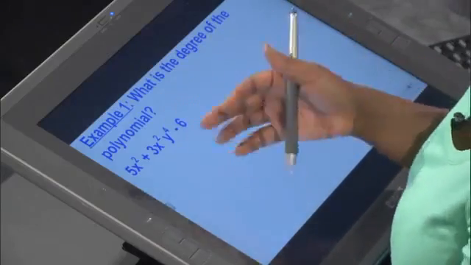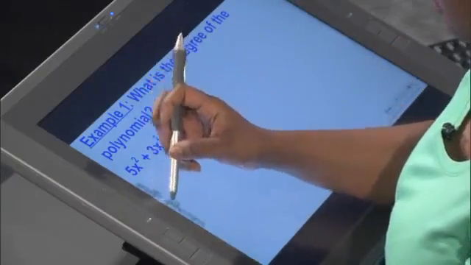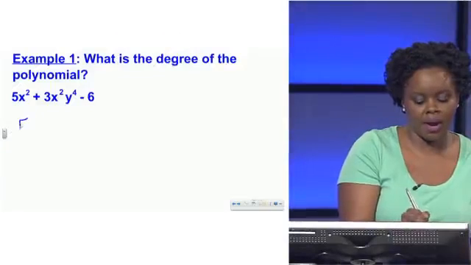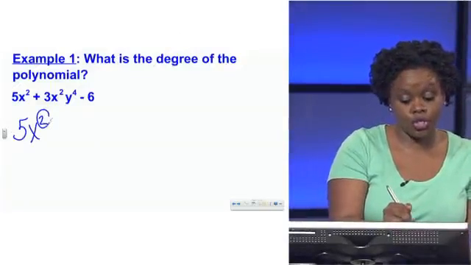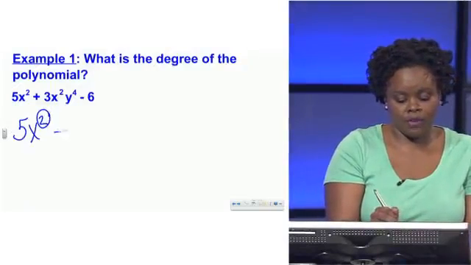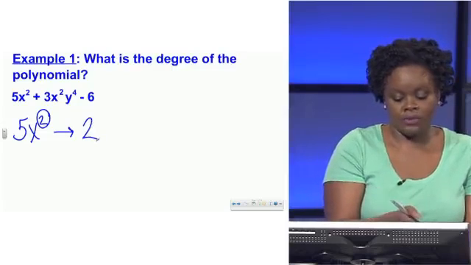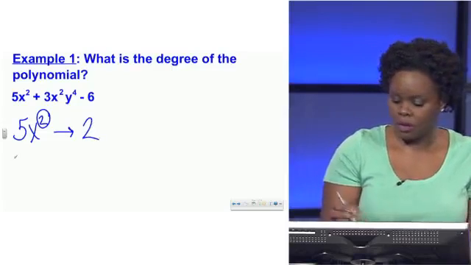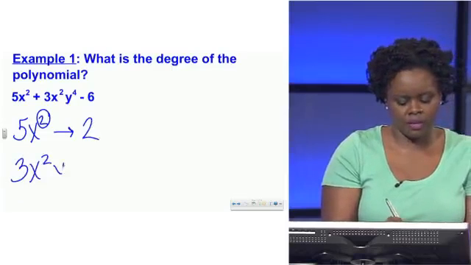Okay, so bear with me for a second. So for example, let's get that pen. All right, so for 5x squared, my exponent in that first term is a 2. So I can say, well, okay, the degree of that first term is 2. All righty. Now for the second term, let's go underneath. 3x squared y to the 4th.